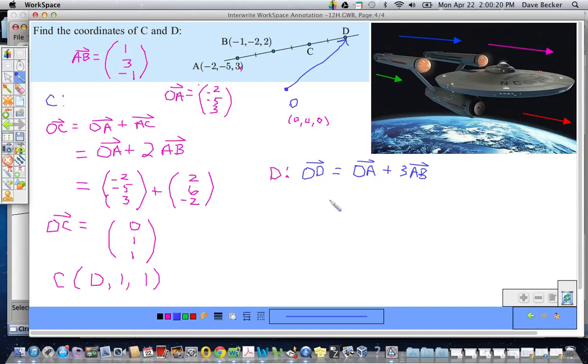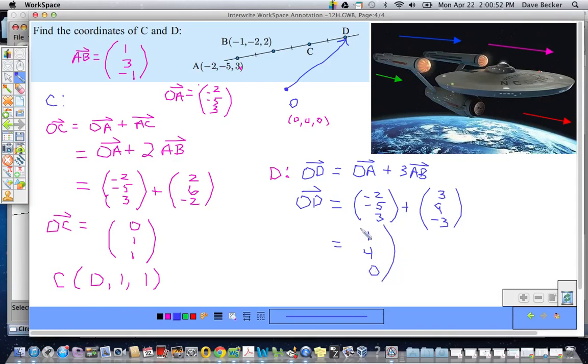This is OD, is equal to -2, -5, and 3 plus 3 times AB. Where's vector AB? Here it is. 3 times all of this gives me 3, 9, -3. Which becomes -2, 3. So that's going to be 1, 4, and 0.